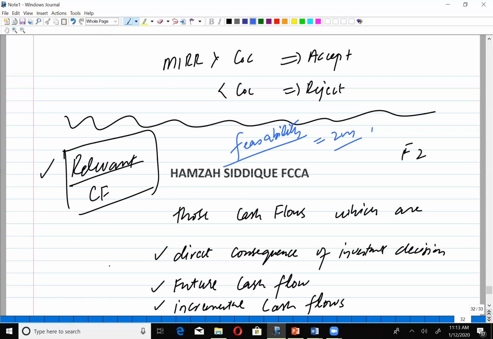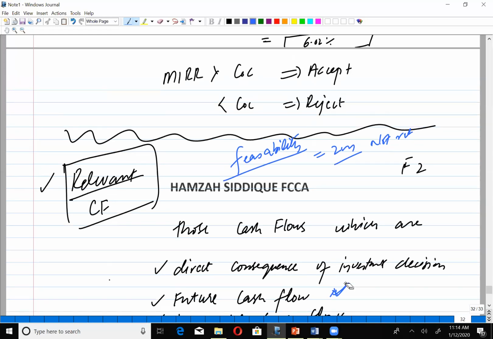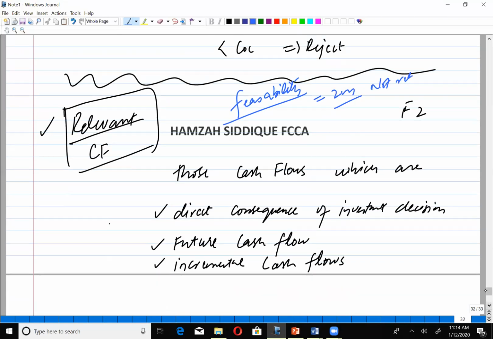Not relevant, because it is not a future cash flow and not a direct consequence of the investment decision. Whether we make the investment or not, this cost has already been incurred.